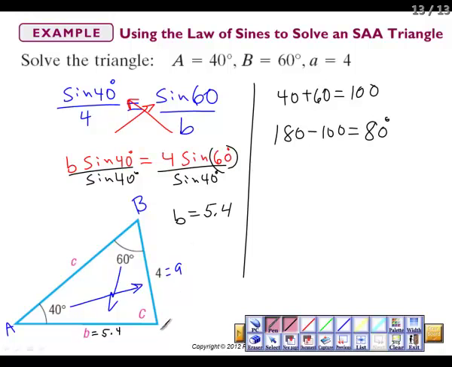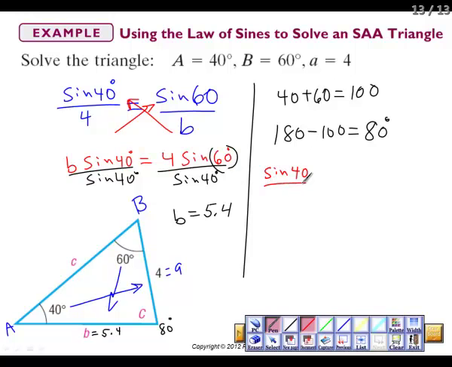So we know that angle C is 80 degrees. Now, I like to always use a side that was originally given, because unless you save the 5.4 into X, you may get some round off error. So I would rather use sine 40 over 4.